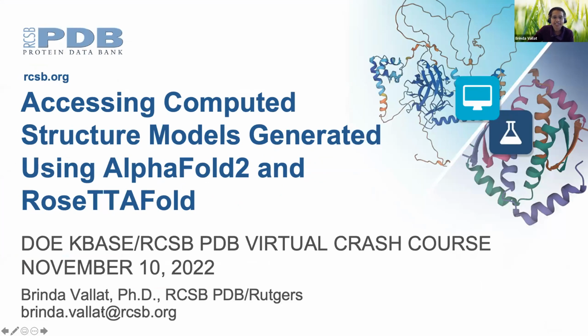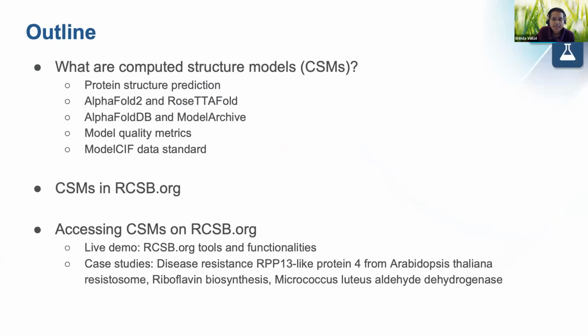I'm Brenda Vallat. I'm a scientific software developer at RCSB Protein Data Bank. Today I'm going to be talking about finding, accessing, and analyzing computed structure models from rcsb.org. I have a brief outline here, but Stephen already introduced what computed structure models are, so I will skip through that quickly and move on to explaining the models that are currently available in rcsb.org, and then show a live demo to illustrate the tools and functionalities on rcsb.org.